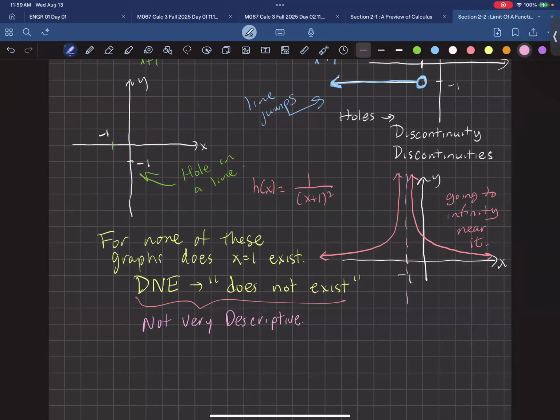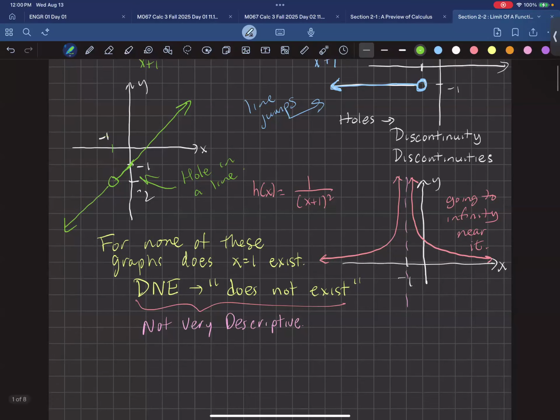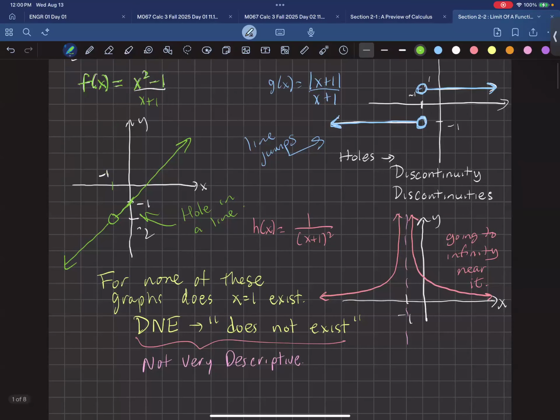I'm going to move it down some. I wrote the wrong thing. This would be -2. There, it puts the hole there. And it should cross at -1 right there. That's the actual graph right there. Okay.